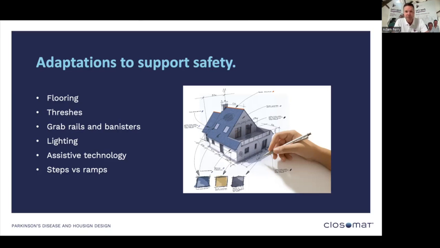Lighting's really important for safety. I know there's lots of work we're doing around task lighting. We've got other webinars that we've done for Closomat in the past that are on their website around design and visual impairment. And the same thing stands, but not necessarily from a visual impairment perspective. It's more about that identifying of space with light. So task lighting, where lights are brought off the ceiling, you might have a ceiling light, which is the general light.